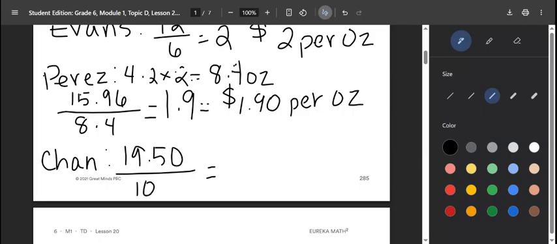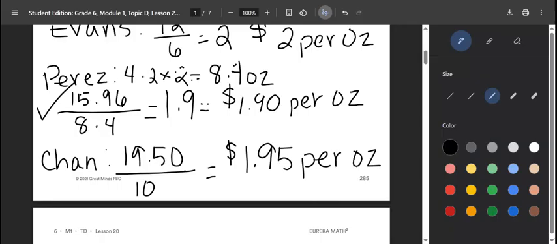So that's 19.50 divided by 10, which you could really just do in your head, and that ends up being $1.95 per ounce. So the Evans family pays $2 per ounce. The Perez family pays $1.90 per ounce. The Chan family pays $1.95 per ounce. The Perez family gets the best deal. Answer the question in a complete sentence.